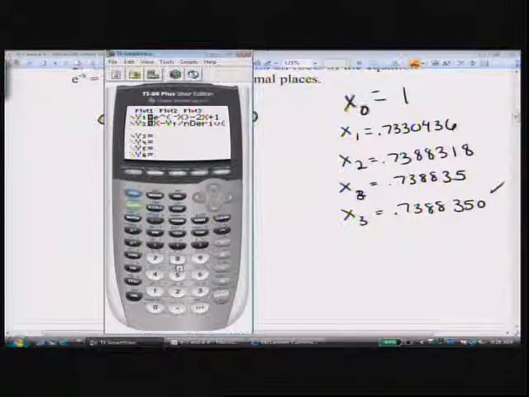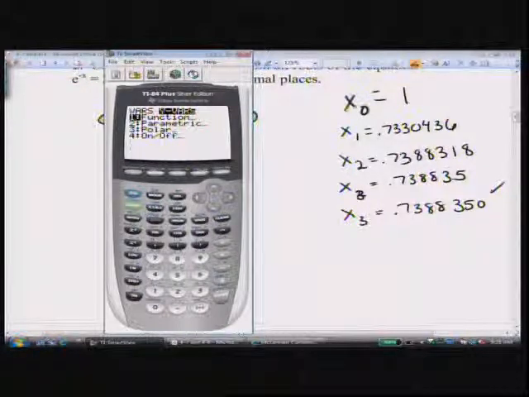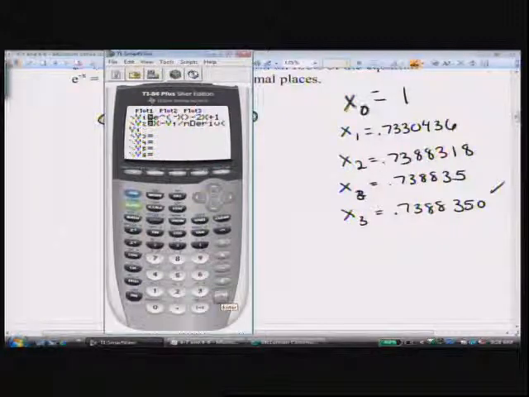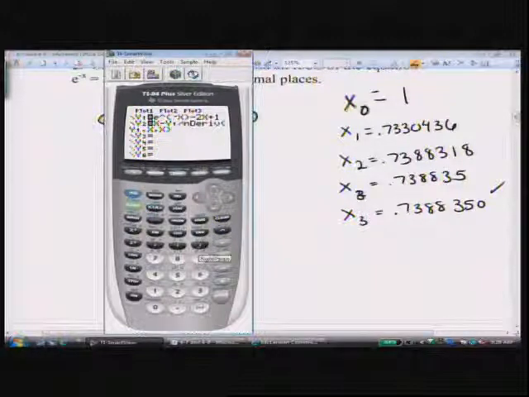And you want to take the derivative of y1, so you go vars, over to Y-vars, function, and then y1. Are you with me? Yeah. And then you do comma x. If you're doing that, you always do comma x. Normally you would do comma whatever number you want, like 5 or 12, but here we're just going to do x because of the nature of the way that we're doing it.